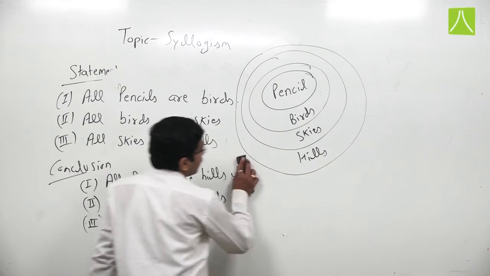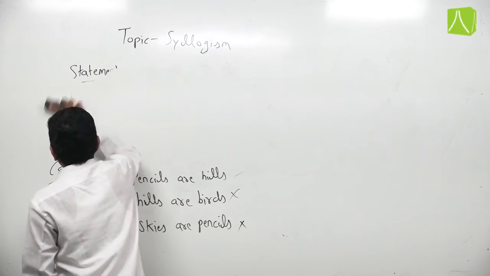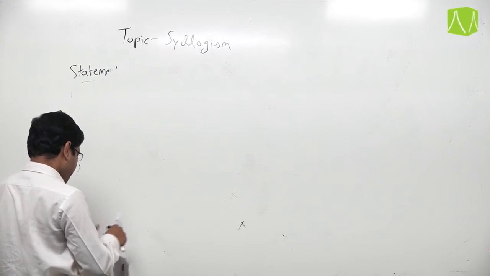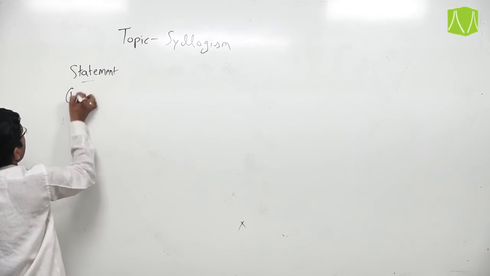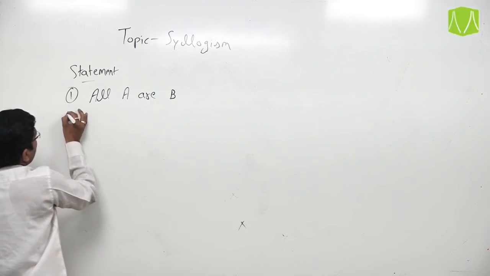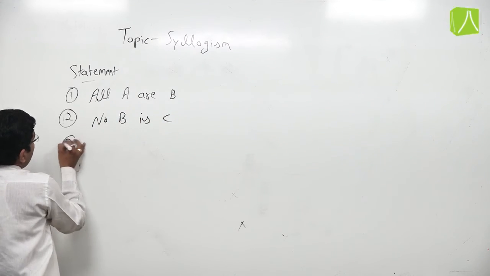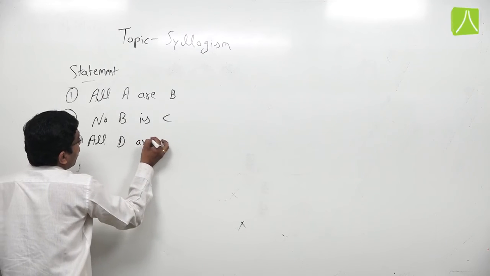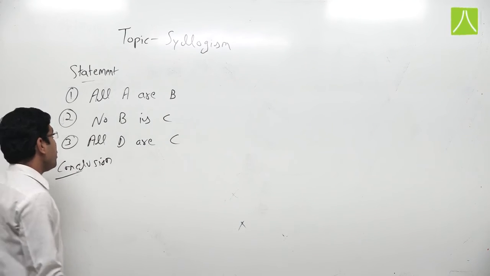Now move on the next example. Question is, statement number 1, all A are B. Second statement, no B is C. Third statement, all D are C. Now we have to check the conclusion on the basis of this.